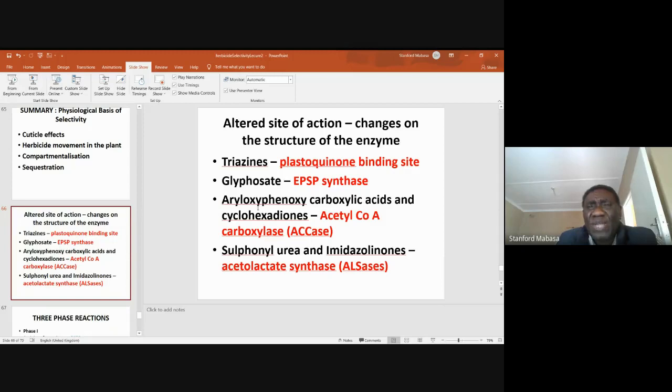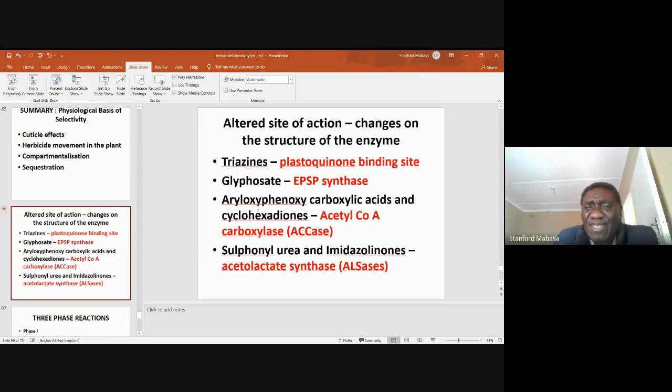Then we talked about the role of the enzyme. And we said enzyme structures can bring about selectivity for a certain group of herbicides. For example, triazines, the plastoquinone binding site; glyphosate, the EPSP synthase; then the aryloxyphenoxy carboxylic acids and the cyclohexanediones.